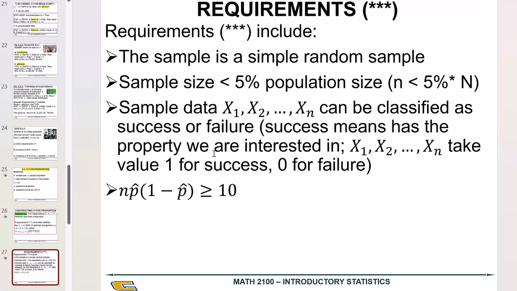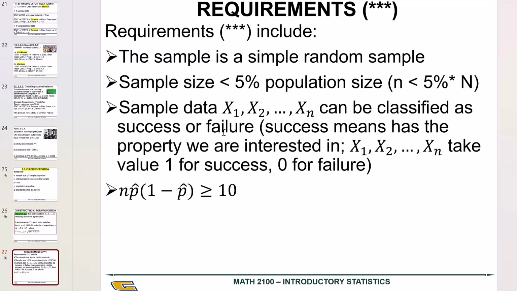The requirements 3 star always require that we have a simple random sample. This basically helps guarantee that all samples of size n get the same chance of being chosen, which means we don't have any intentional purpose when we get the data. The sample size should be less than 5% of the population size.